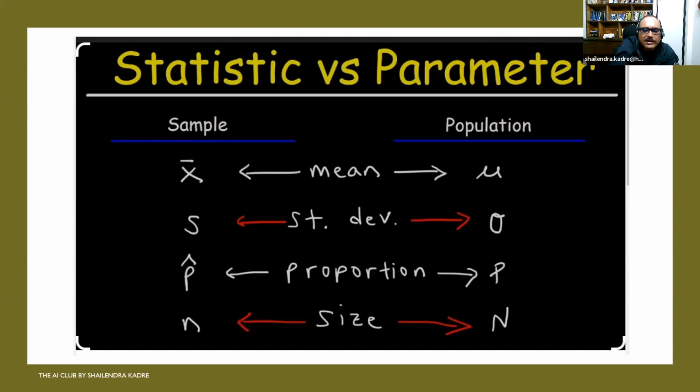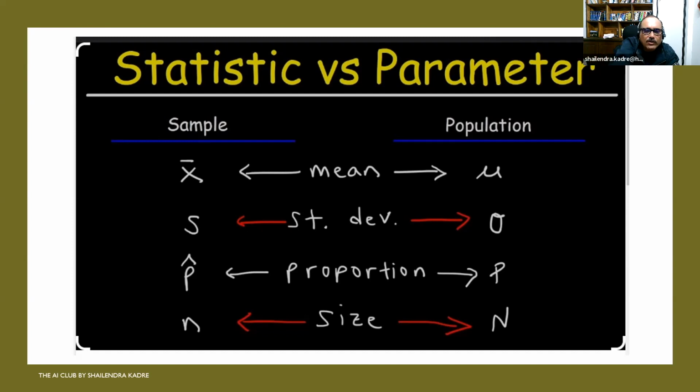Similarly, standard deviation: when we talk about a sample, it is denoted by small s. And when we talk about the standard deviation of a population, it becomes sigma. Then proportion, you understand, right? 2 out of 5, 3 out of 6, like that.